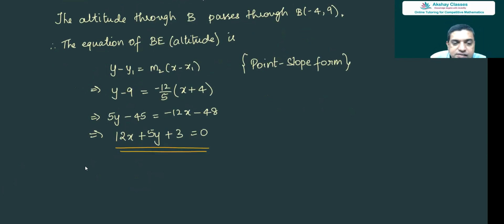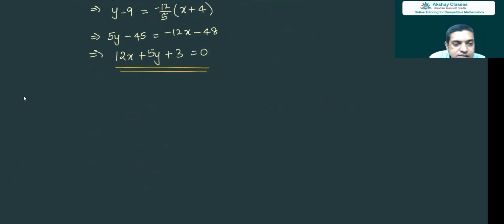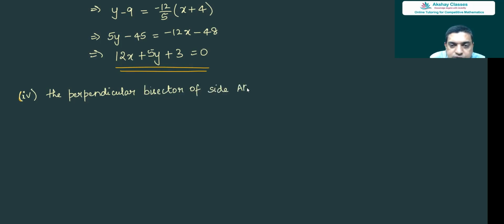Next, the fourth one. The perpendicular bisector of side AB.